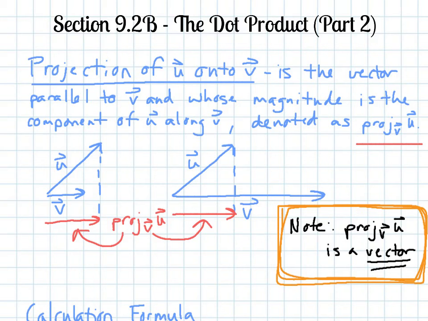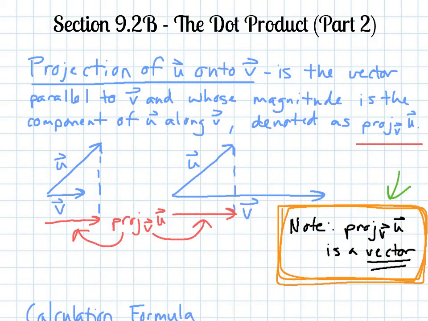Okay, so looking at my pictures here, I'm kind of trying to describe what a projection is. Now remember, take note, projection of vector u onto vector v is a vector. It's not a scalar like the component one was. This is an actual vector, so you're going to have an A portion and a B portion with this one.